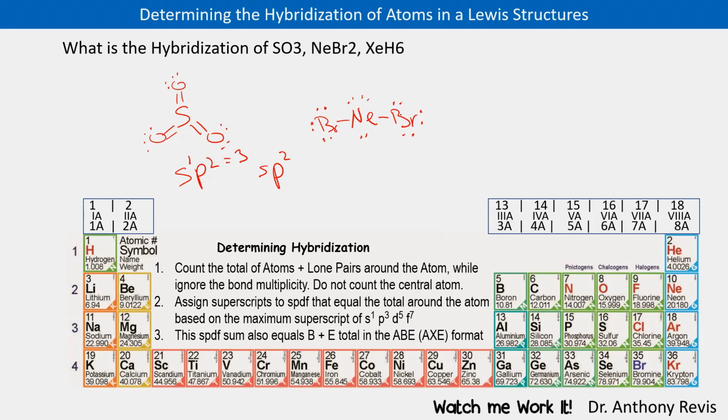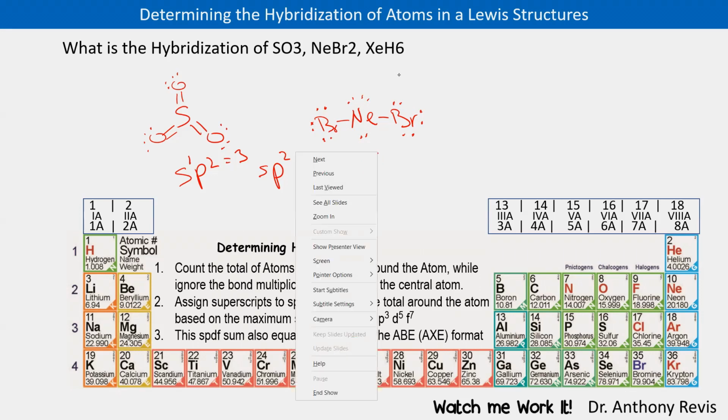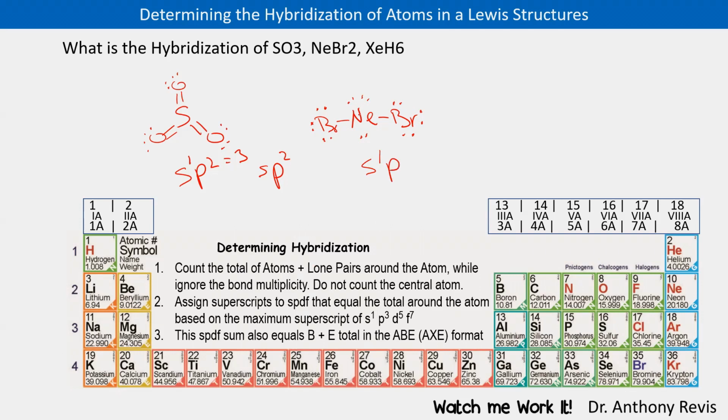This is going to be an S for one of the atoms, and a P because we need 1, 2. We have 3 lone pairs and 2 bromines for 5. It's going to be a 3.